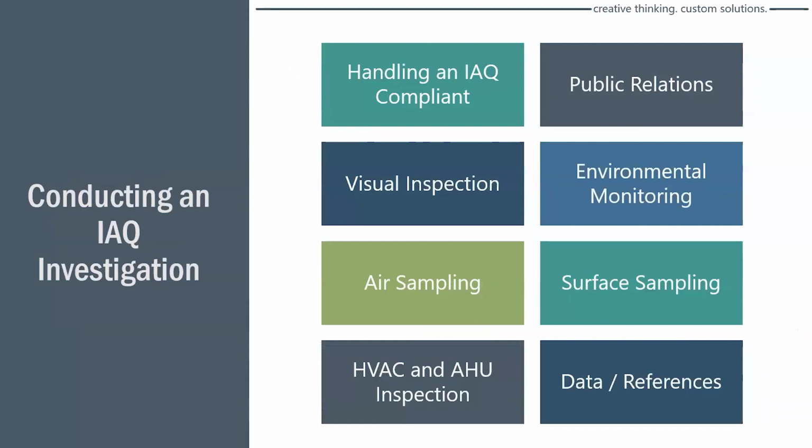The first thing we want to do is properly conduct an IAQ investigation. We want to handle complaints professionally. We want to perform inspections of the work area. There are tools at our disposal that we can use, such as air sampling, surface sampling, inspection of air handler units, and also review available data and resources.